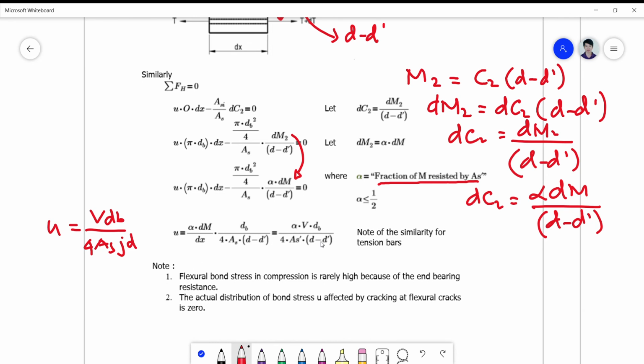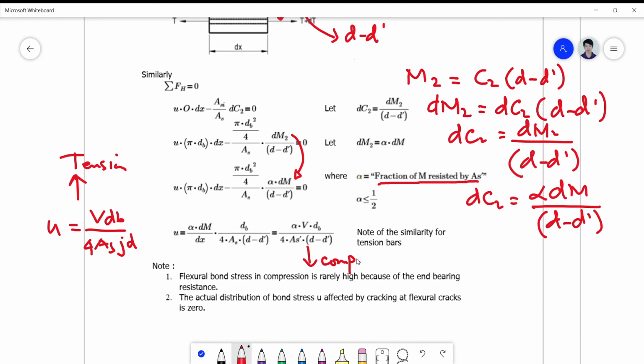Here it's alpha πdB over 4 AS prime instead of AS, and then your D minus D prime is JD. So this is for tension, and this is for compression.